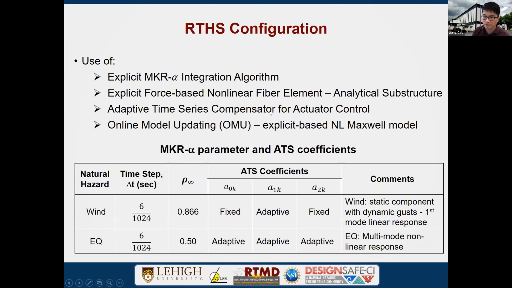I'm going to talk about this in the next slides. The difference between the wind and earthquake is the rho infinity number, because we can foresee that under earthquake the buildings will produce nonlinear behavior, so we want a higher numerical damping than for wind. And for both, the real-time hybridization time step we use is 6/1024.